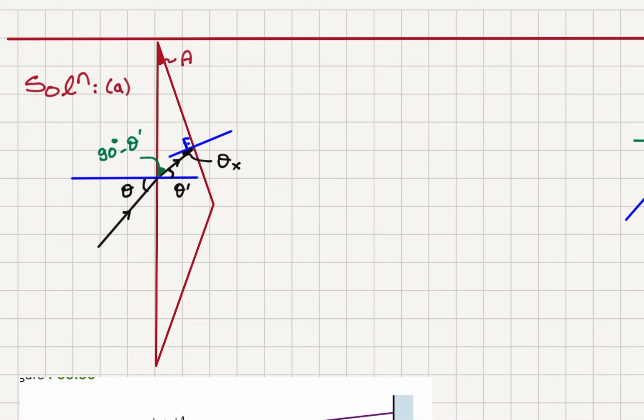We can write Snell's law: sine theta, because we're coming from air where the index of refraction is approximately 1, is equal to n times sine theta prime.